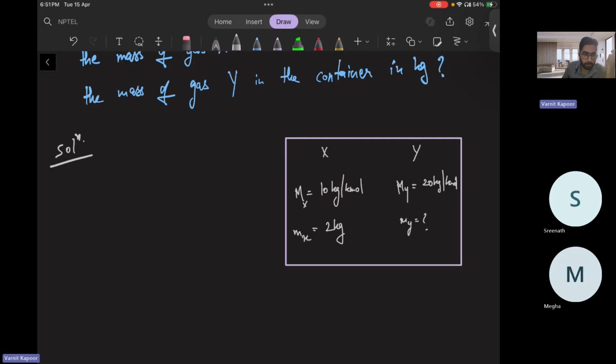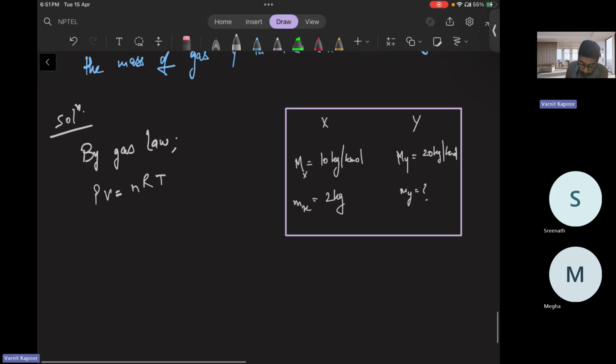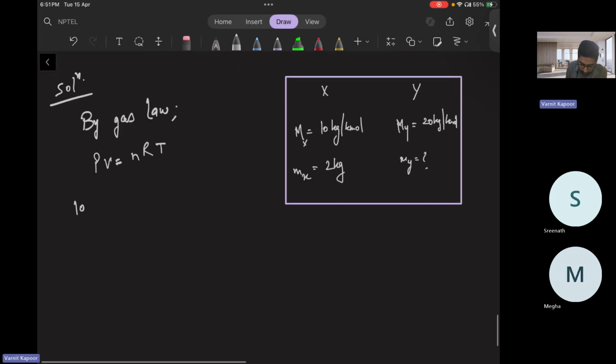You need to find out small my. So use the ideal gas law, because these are ideal gases. From the ideal gas law, PV is equal to nRT. Here n is the total moles of gas in the total volume. The total pressure is given as 100 kilopascal.